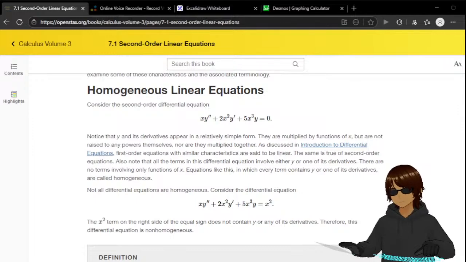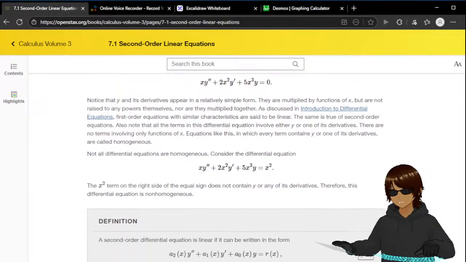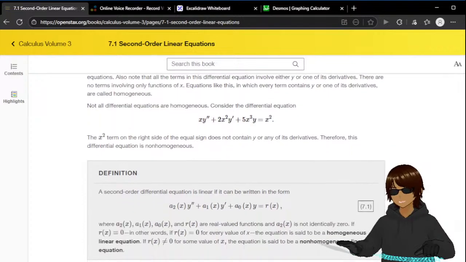Not all differential equations are homogeneous. Consider the differential equation. We can divide both sides by x squared. The x squared term on the right side of the equal sign does not contain y or any of its derivatives. Therefore, this differential equation is non-homogeneous.